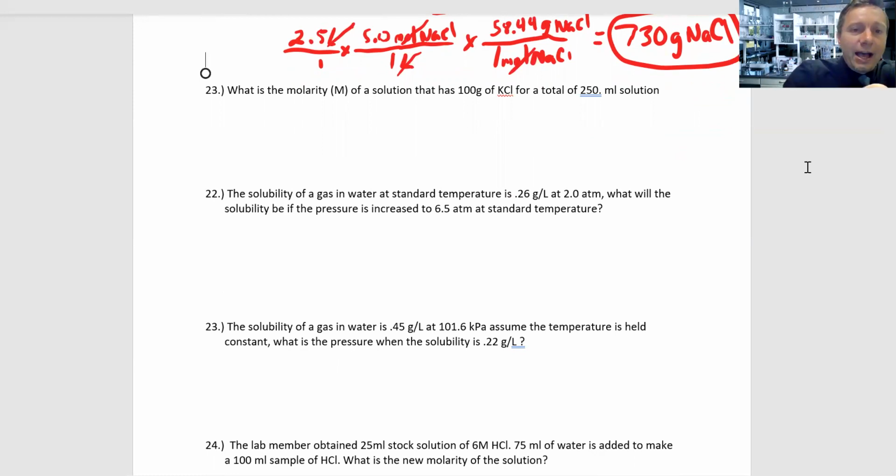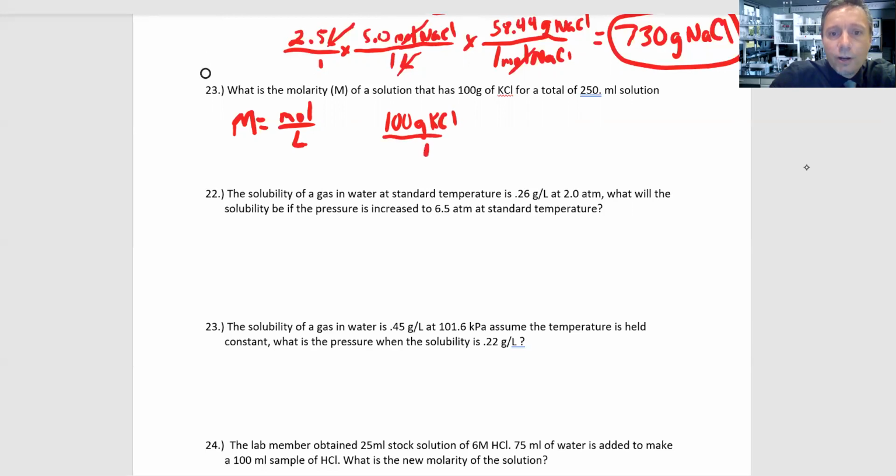So we know that molarity is moles divided by liters of solution. So I have 100 grams of KCl.